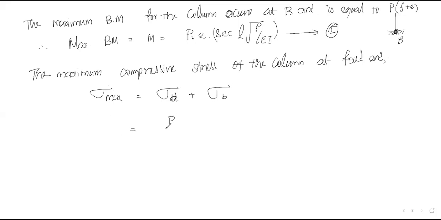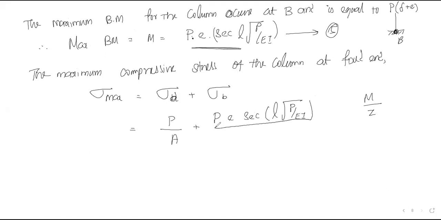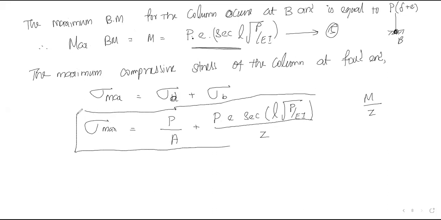The direct stress we take as P by A. The bending stress is nothing but M divided by Z. M we have calculated here, so M we take as P into e into secant L root under P by EI, divided by Z. So this is the equation of sigma max for Euler's theory, where Z is equal to section modulus.